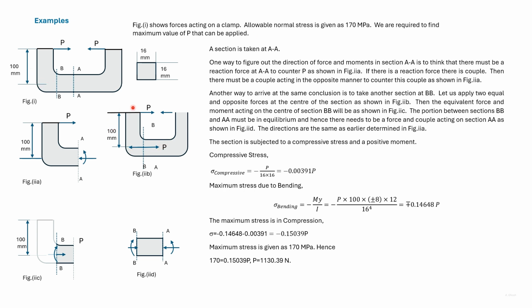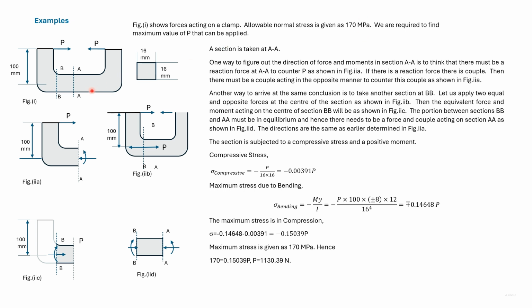These three forces result in a compressive force and a moment acting at P. Now, considering equilibrium of AB, an opposite force and moment will act in the section A. As we see, the two different ways give the same result.